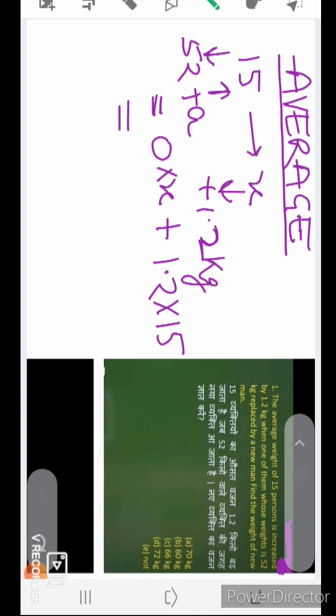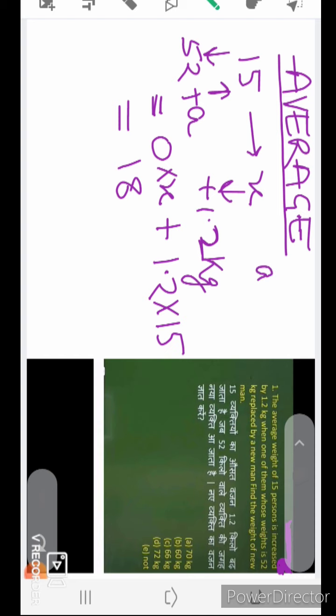Now solve this. 15 into 12, everyone knows, is 180, and with the decimal point it becomes 18. Now in the left hand side, as I told you in the previous class, in the case of one inclusion and one exclusion, what we have to see first is whether the average is increasing or not. Here the average is increasing, so whoever is included in the group is greater than whoever is excluded.